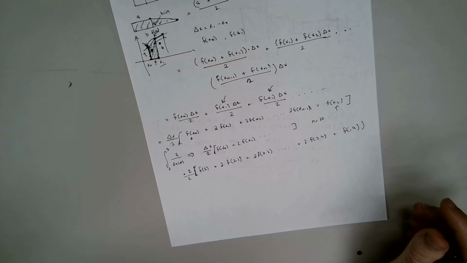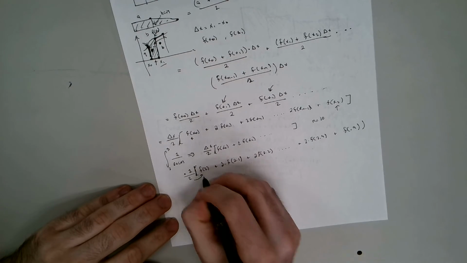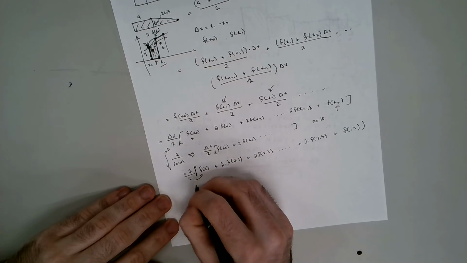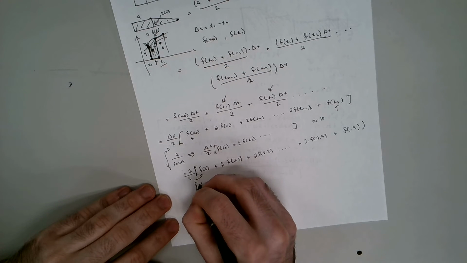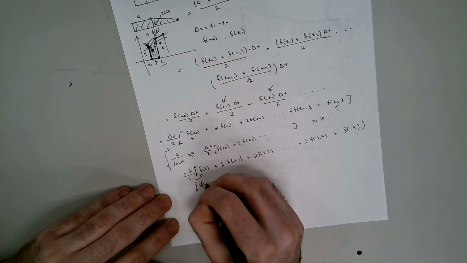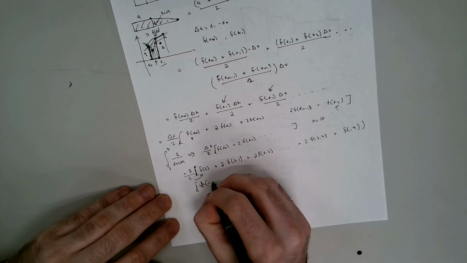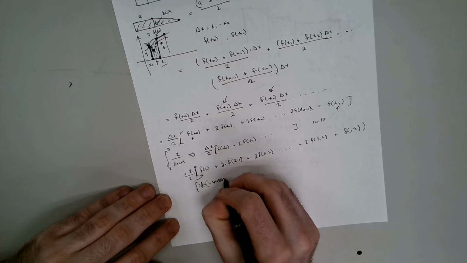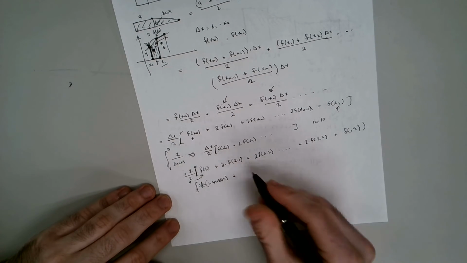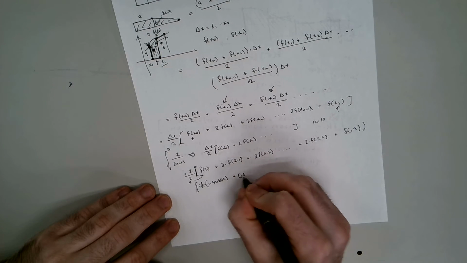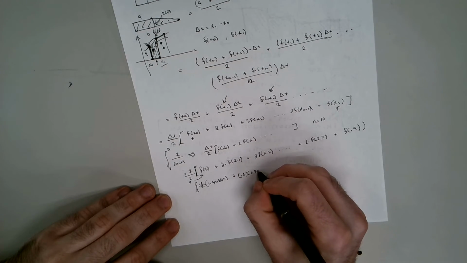Whenever you do this, for this one we're going to get 0.1 divided by 2 times f of 2, which is going to be 0.1 over 2 times 1.44269, plus, and then these 2's are going to cancel, so we're just going to have the 0.1 times 1.3.